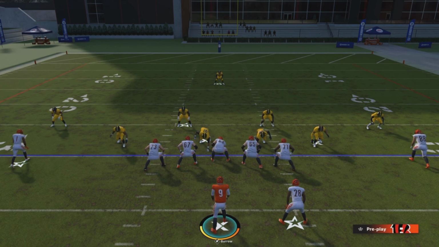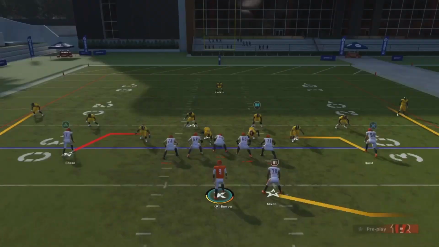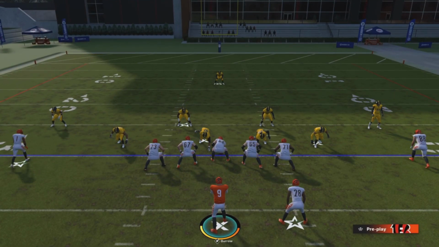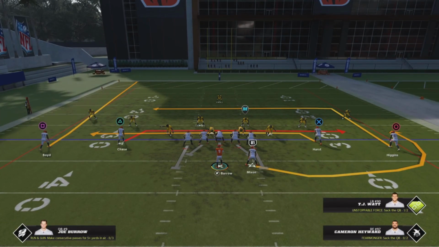The mesh concept will show two, usually the inside receivers, and the air raid constantly identifies them as the Y and the F. Okay guys, so this is the mesh concept.